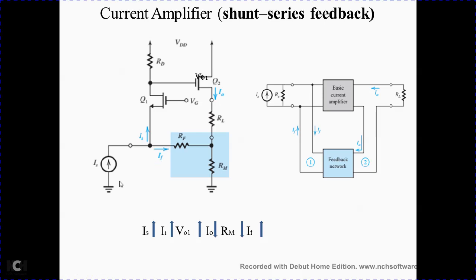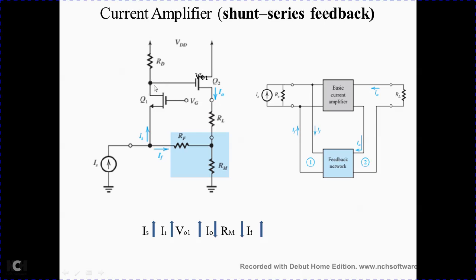Any increase in the source current IS, definitely there is an increase in this voltage, and I am calling this V01. Increase in IS will definitely increase II. If there is an increase in II, there is an increase in the output of this first stage, that is V01.